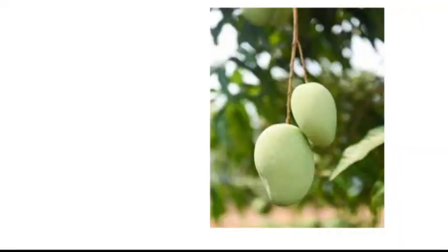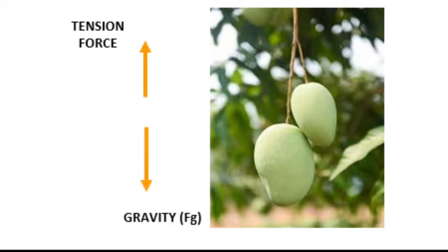Here are some samples where you can see balanced forces. Mango fruit hanging on the branch. Tension force exerted by the stalk is equal to the force exerted by gravity. Thus, no motion is produced. Plate on the table.